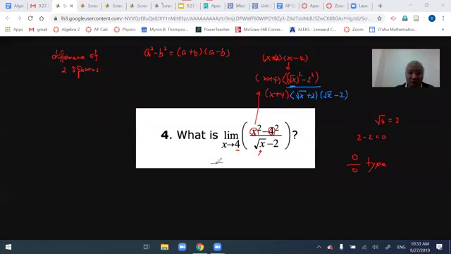So this one will be equal to, the top part will be just limits, right? x approaches 4. You have x plus 4, square root of x plus 2, square root of x minus 2, over the bottom one, square root of x minus 2, like this.